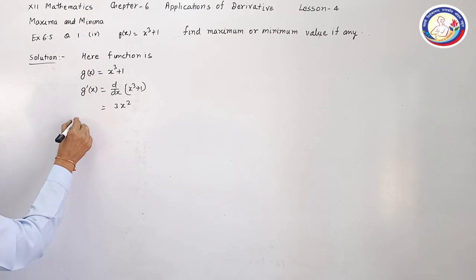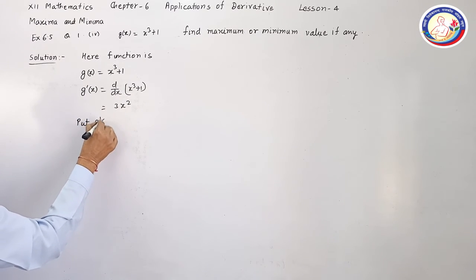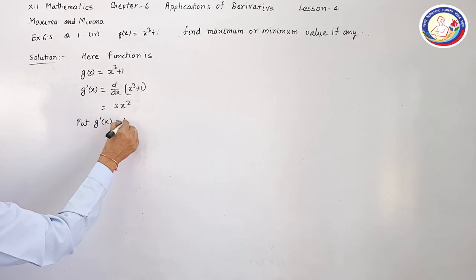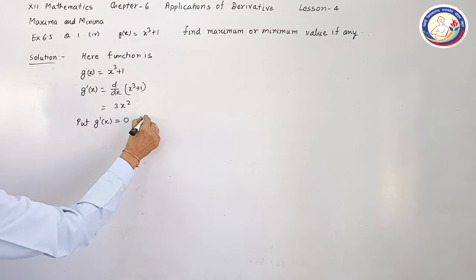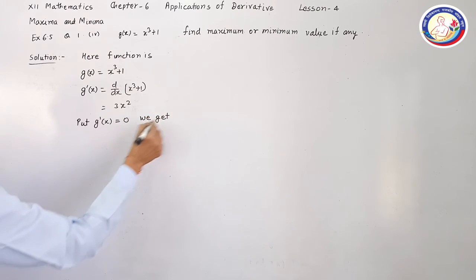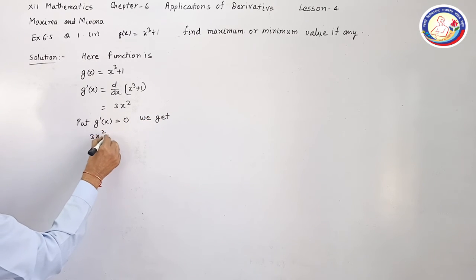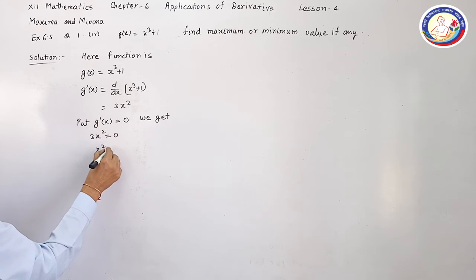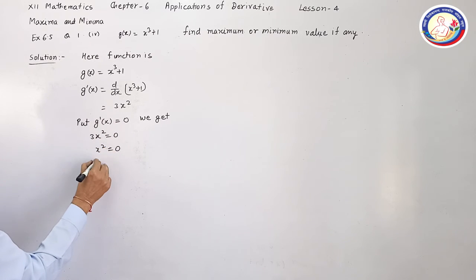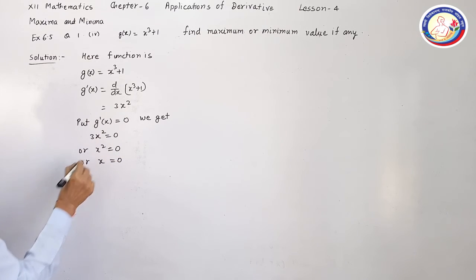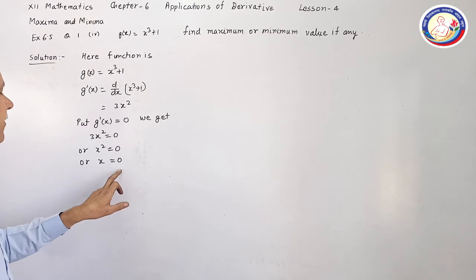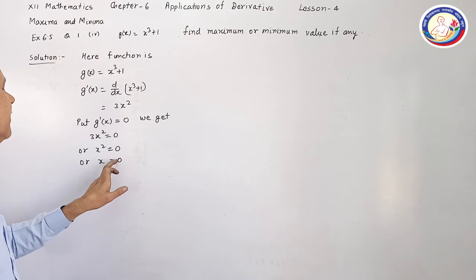Put g dash x equal to 0. We get 3x square equal to 0, x square equal to 0, or this implies x is equal to 0. So x equal to 0 is a critical point.